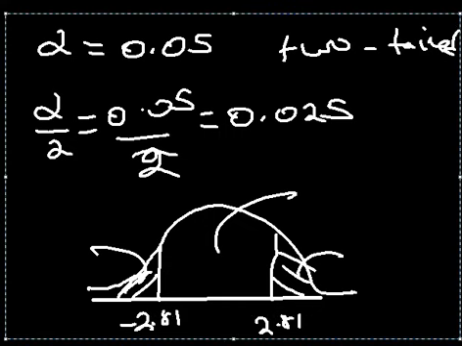But take it from me that if it is right-tailed, it means we'll have to subtract the alpha from 1 and look for the value on the table. If it is left-tailed, we don't need to subtract from 1.